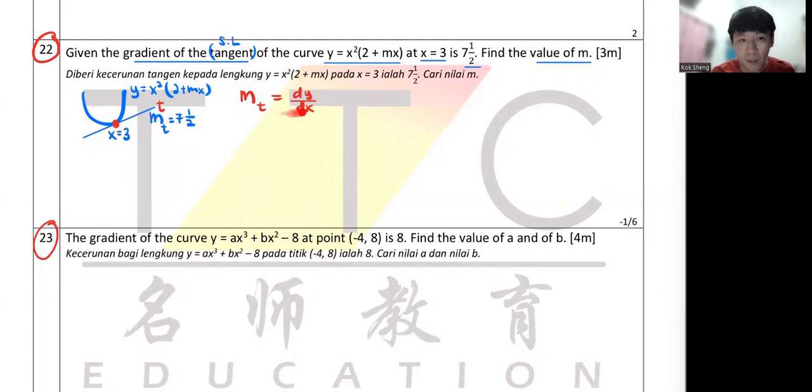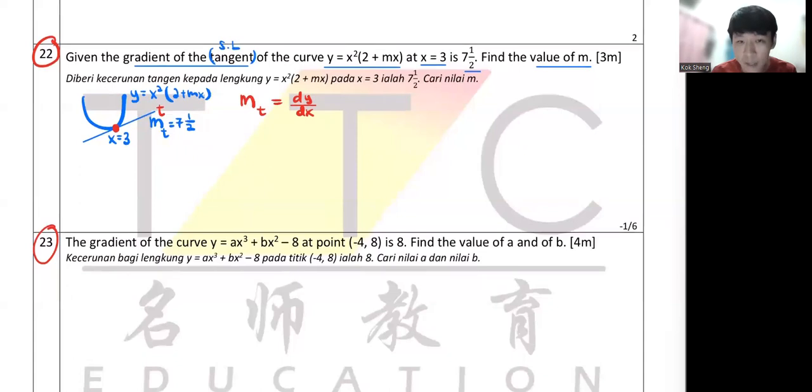Okay, this one remember, the exam does not give it to you. I repeat one more last time: differentiate the curve, you will get the gradient of the tangent. So this is the thing to remember in your exam. So now we can use this formula to find the m already.